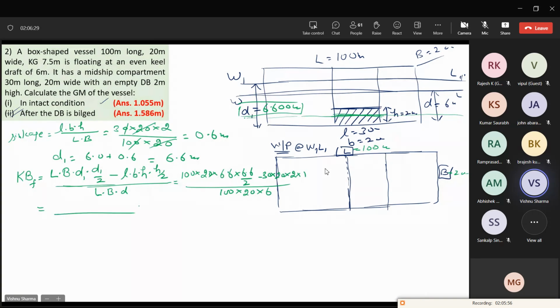Get KB, and you will find that it is not 3.3. It is different from 3.3. It is 3.53.